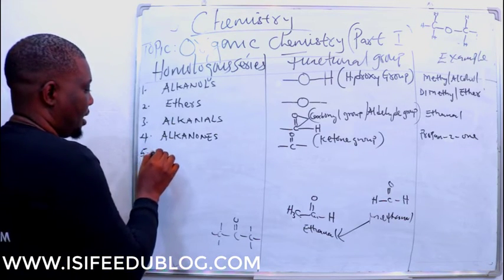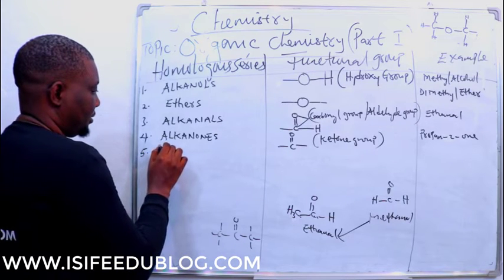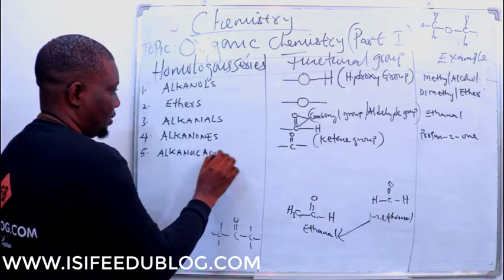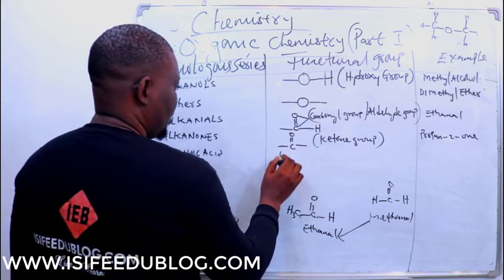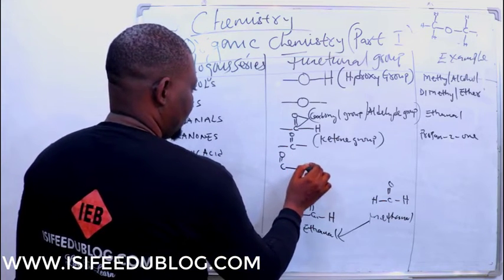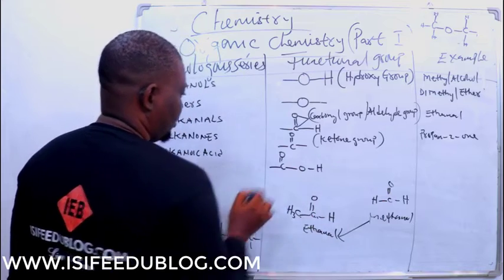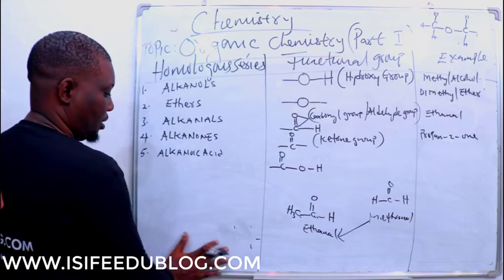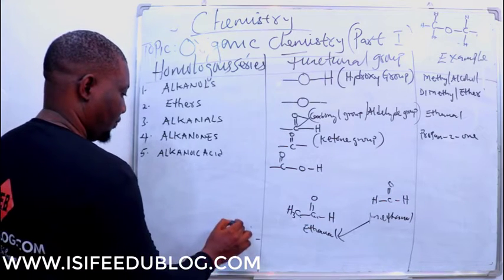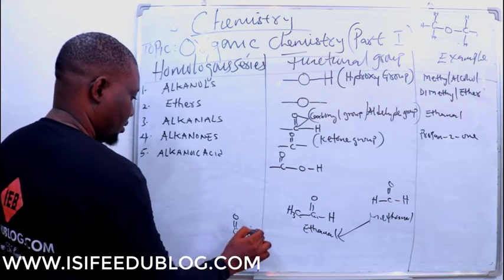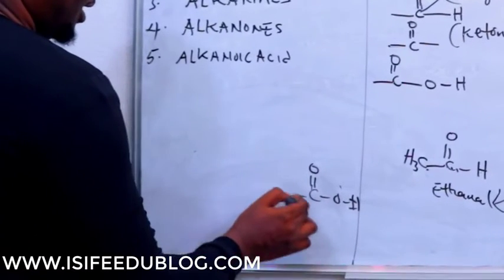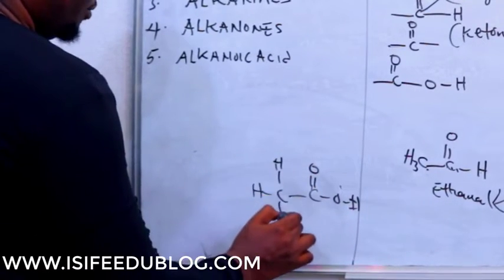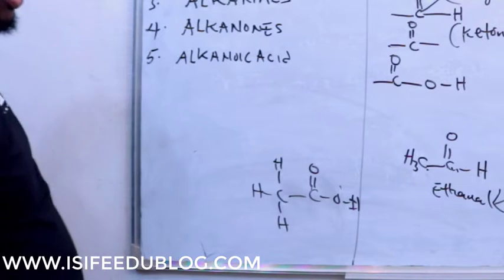Number 5, we have alkanoic acid. Alkanoic acid is also a carbonyl group, but this time the carbonyl is linked to OH, so having just 1 open chain here. This is linking to carbon, carrying 4 bonds. So what name is given to this alkanoic acid?